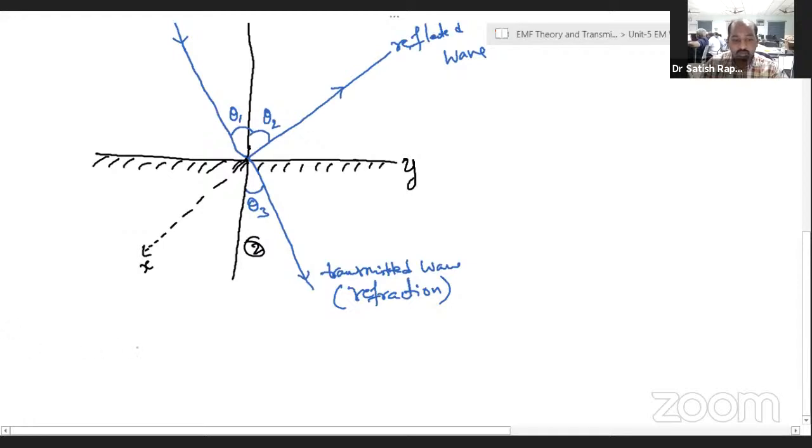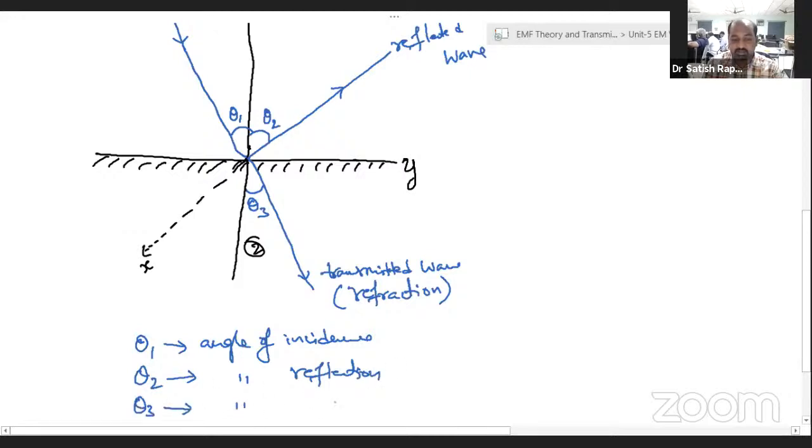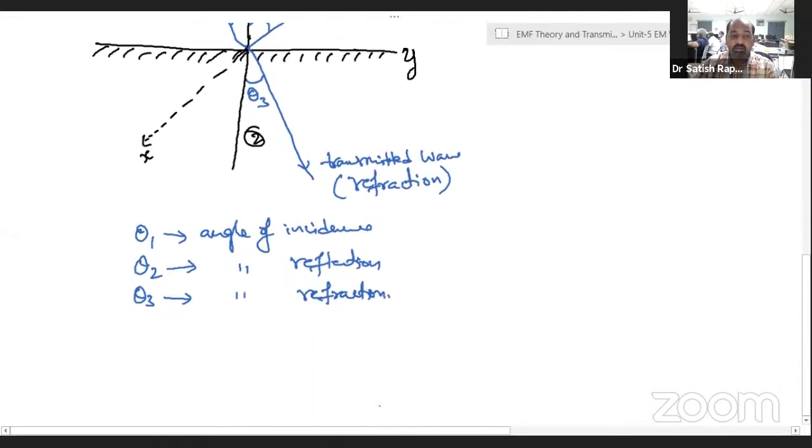Theta 1 is the angle of incidence, theta 2 is the angle of reflection, and theta 3 is the angle of refraction, right?